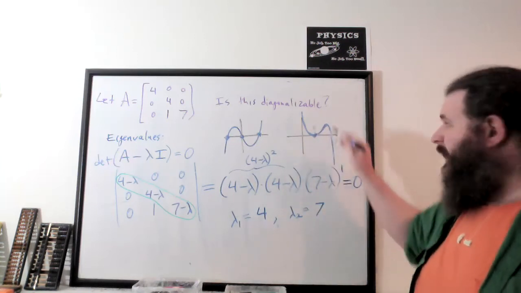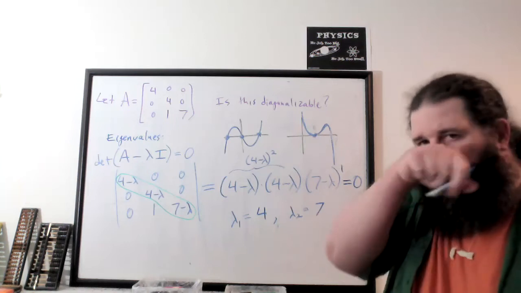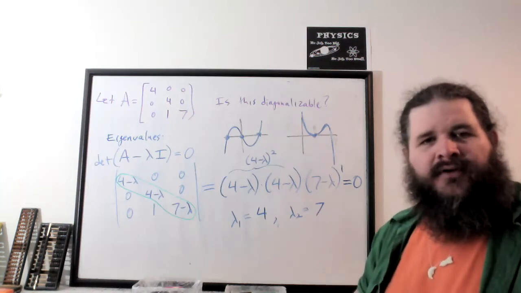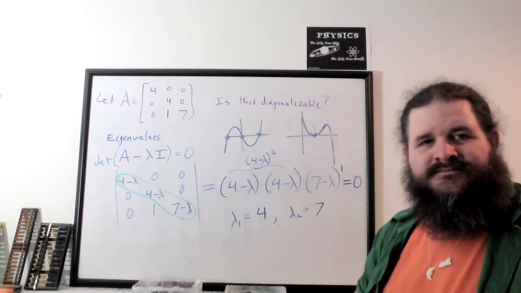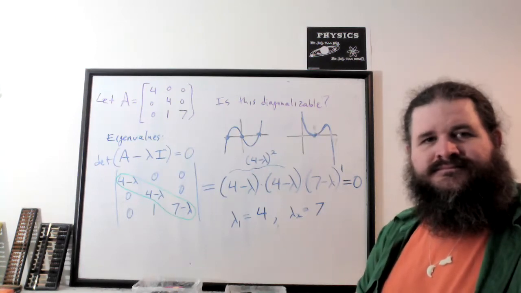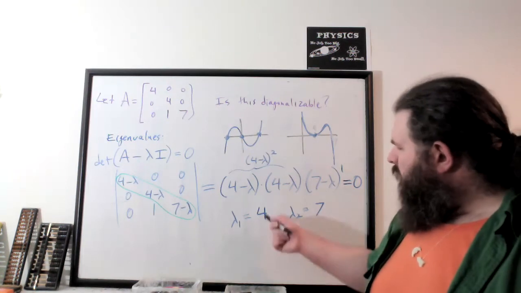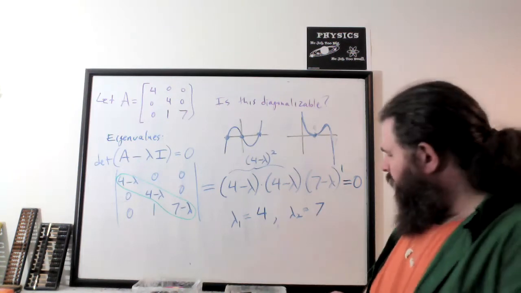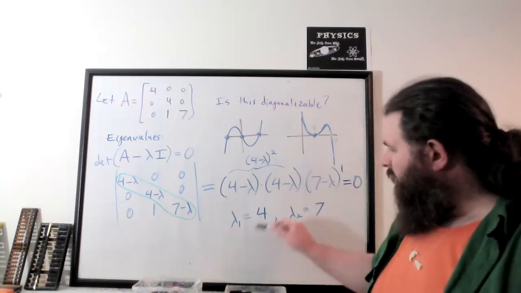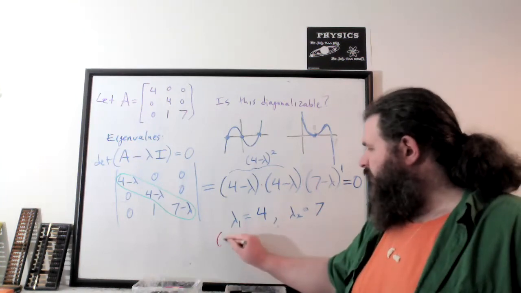Some factor to an odd power is going to go through with that root. Any questions on that so far? And usually we would describe this as multiplicity. We would say that the eigenvalue 4 has multiplicity 2.